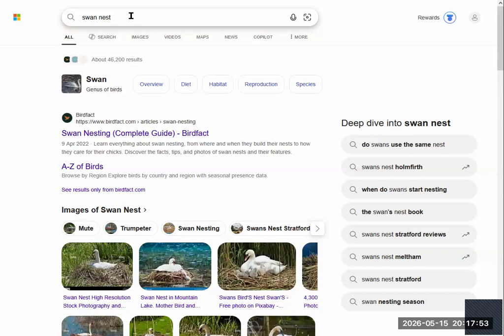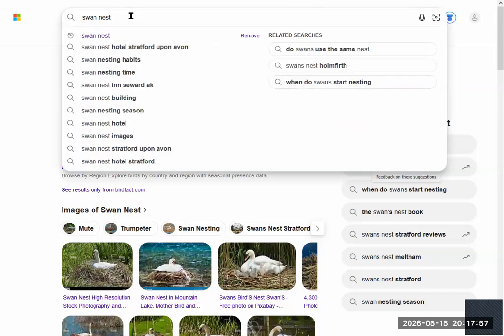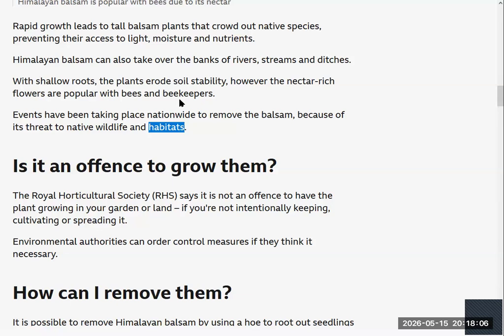They normally live in one or the other. But sometimes when they're young, they grow up in fresh water and then go to salt water as they get older. Habitats are really very important, and if we pollute them or we have Himalayan balsam choking the area, it does change the habitats, and certain creatures can't live there anymore, I guess.